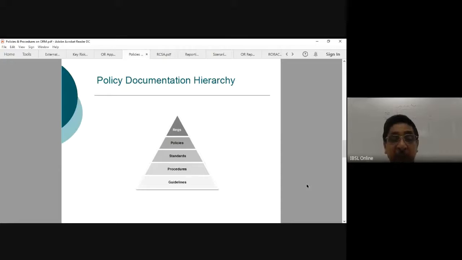Now you can see this hierarchy of policy documents, in which level the policies exist. The topmost layer is regulations. The policies are drawn taking into account the requirements of regulations, and regulations are imposed.